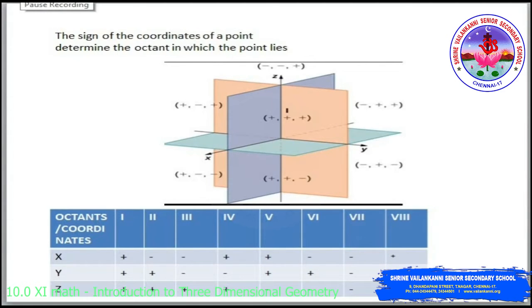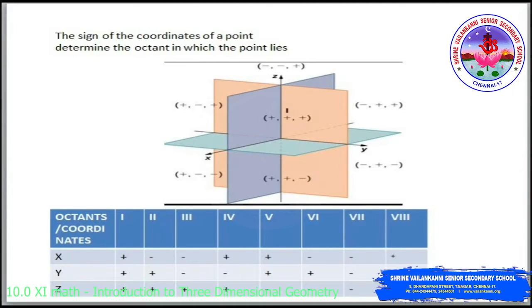The signs of the coordinates of a point determine the octant in which the point lies. Here is the table of the signs of the coordinates in the 8 octants. In the first octant, all three coordinates are positive.